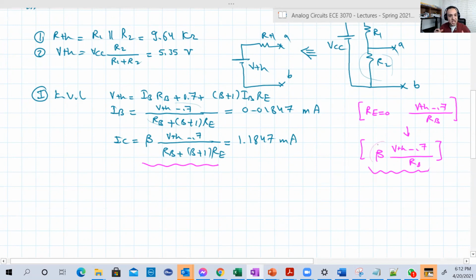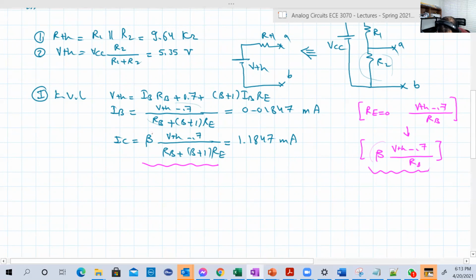Here, if beta changes, for example doubles, IC will double. It's assumed, of course, it will not be doubled. I mean, when the room warms up or something, beta will change, but of course not double. But this is just to show you how far it can go. It can go anywhere. Whatever beta changes by some percentage, IC will change by the same percentage. Doubling, tripling, and so on.